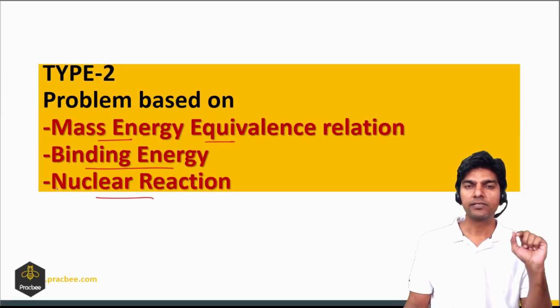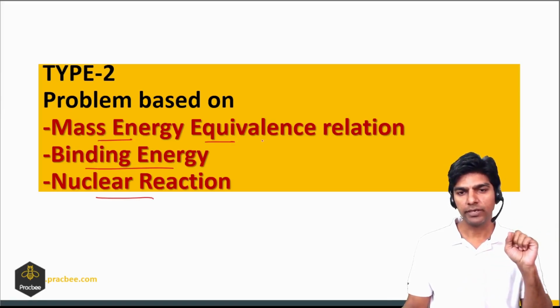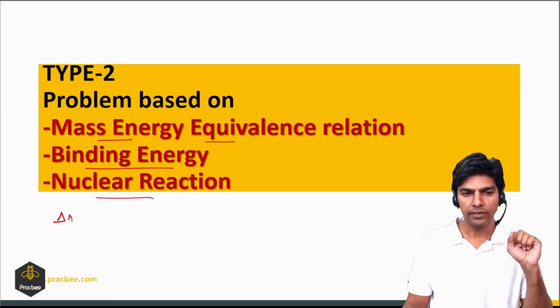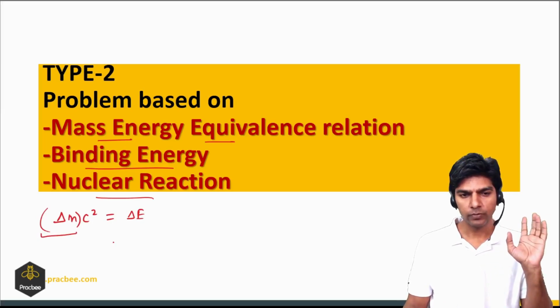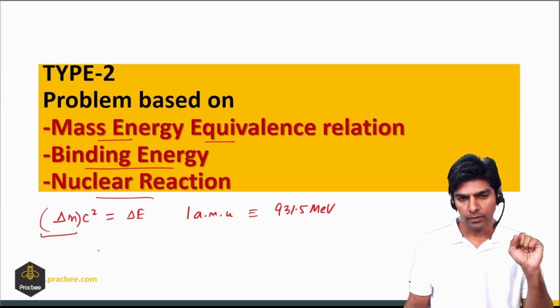According to Einstein, mass can be converted into energy, and the formula is given as delta m c square is equal to the energy, right? So if delta m mass is converted into energy, it will be given by this formula. And if one atomic mass unit is converted into energy, then this will be equivalent to 931.5 mega electron volt. So that you have to remember, right?